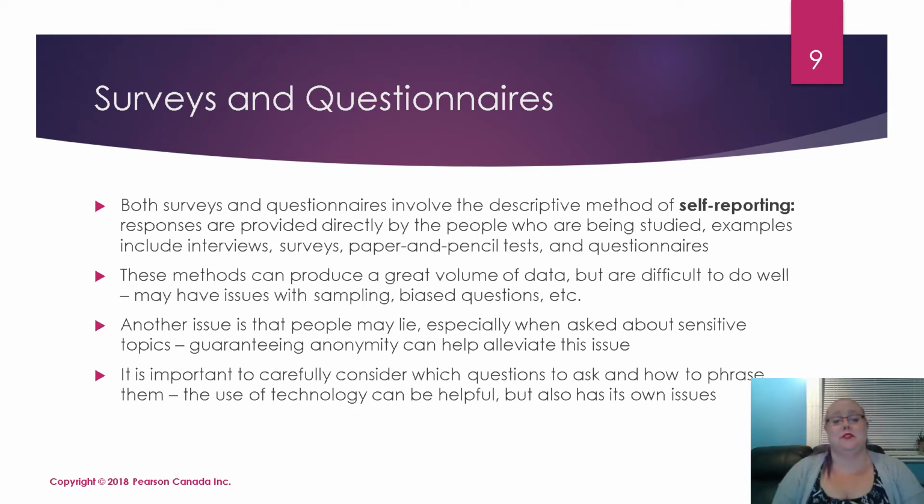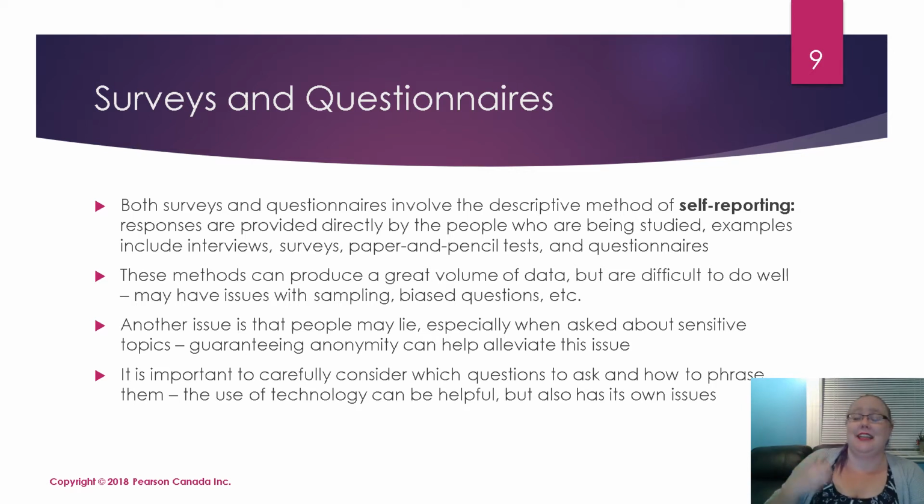Some examples include interviews, surveys, paper and pencil tests, and questionnaires. These methods are really good at collecting a lot of data fast, especially if you're using technology to aid you. If you've done up a survey through SurveyMonkey online, you can send that link out to thousands of people at once. If I wanted to send that link out to every single person at Brandon University, I could.